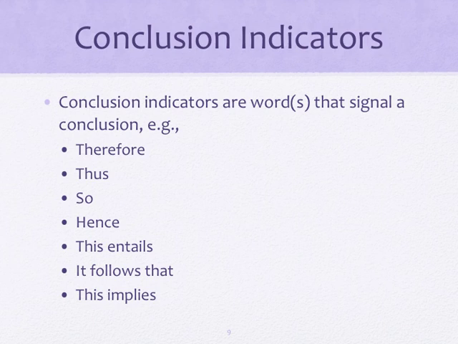Premise 2: if Ryan lives in Santa Clara County, then Ryan lives in California. And if both those things are true, then it must be true, this conclusion, which also starts with if: if Ryan lives in Gilroy, then Ryan lives in California. So if doesn't tell us very much. And there are other indicators, but these are the main ones that it would be good for you to know.